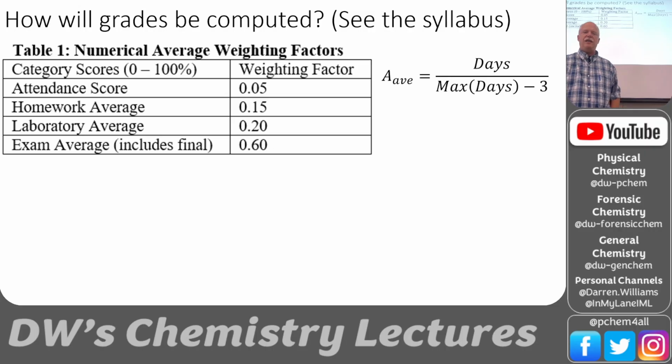So this is how the attendance average is calculated. You get 3 free absences from the university. They say if a student misses up to 3 lectures without missing any other kinds of assignments during that lecture, like an exam, they can't be penalized. Okay. So I take the max number of lectures, which I think is 36, and then there's 42 class periods, but we have exams in there.